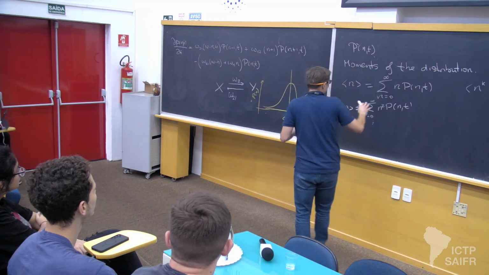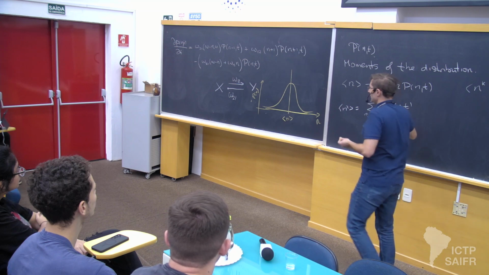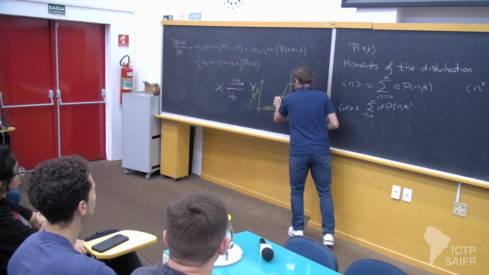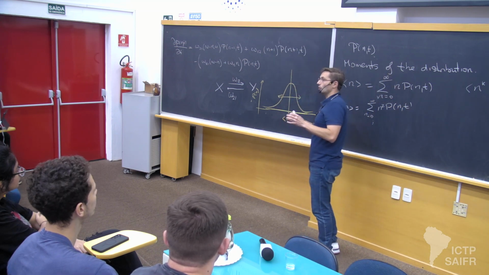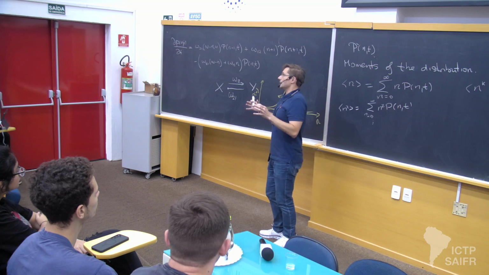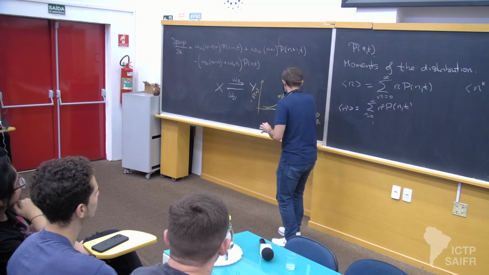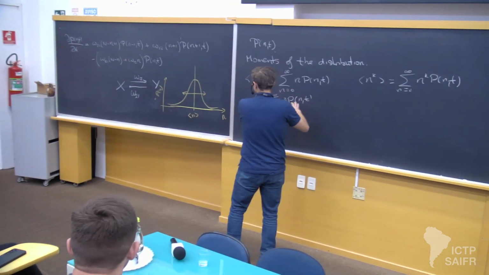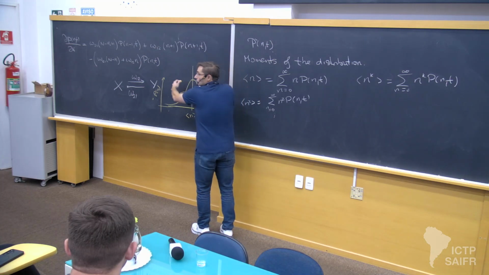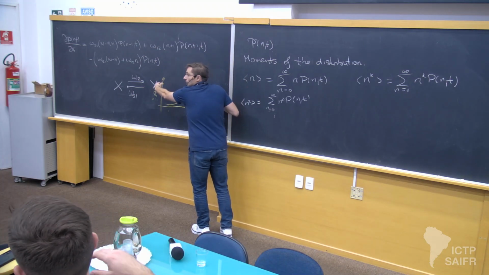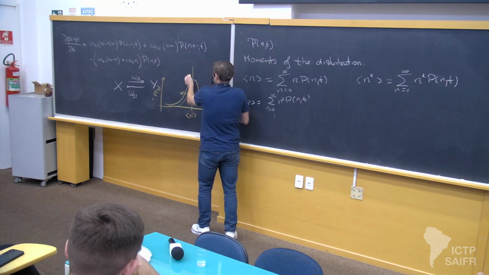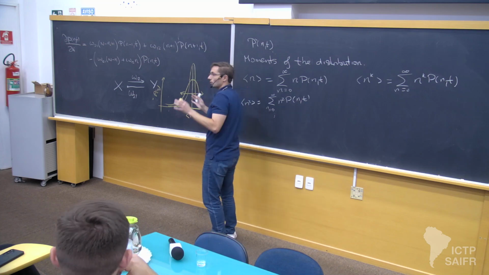The second moment is related to the dispersion of this distribution. If my mean is 10, my first moment is 10, and my second moment is very big, then my distribution is going to be very open. But if my second moment is very small, then my distribution is going to be very narrow.